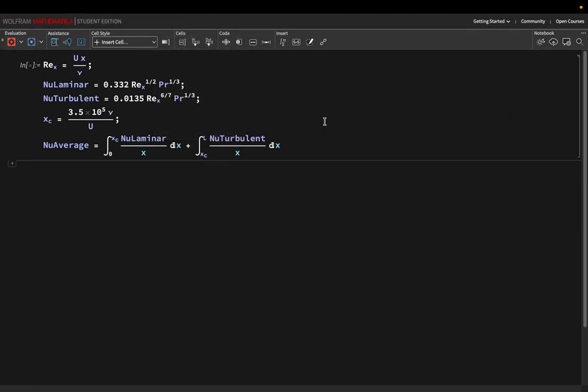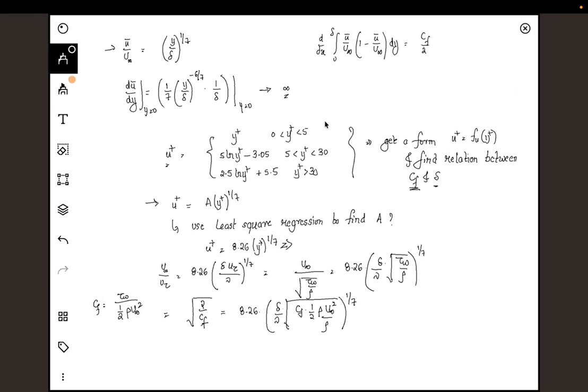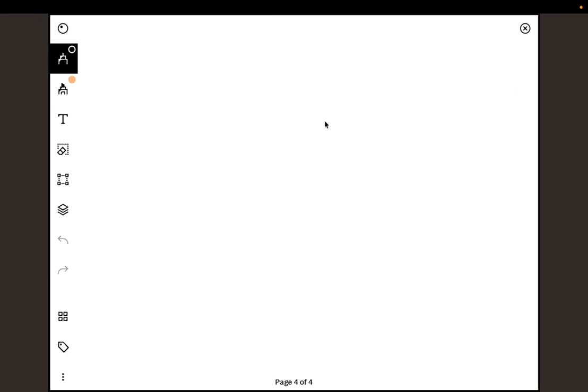So what we do is we again use the correlations for laminar and turbulent flow that we have already obtained from the previous analysis. The only thing that we are going to change here is while calculating the average Nusselt number. If you recollect the way we have defined the average Nusselt number, h bar L is given in this particular fashion.